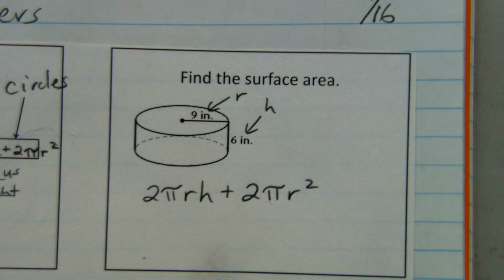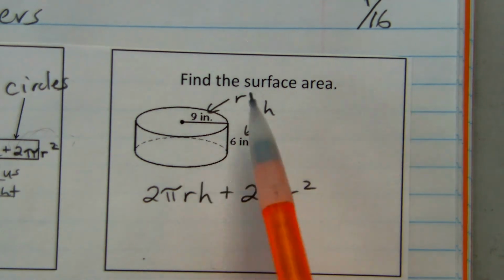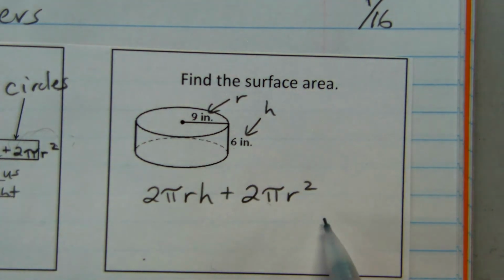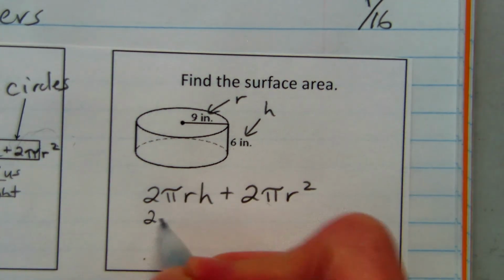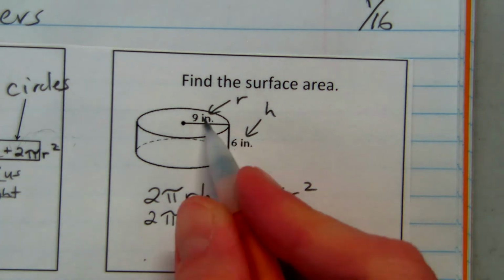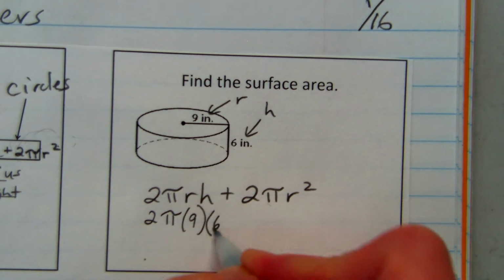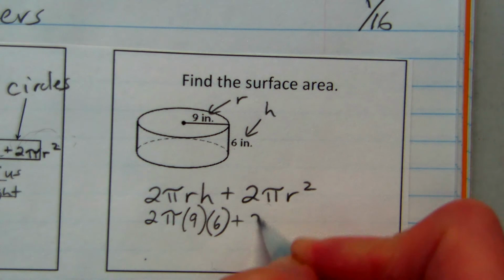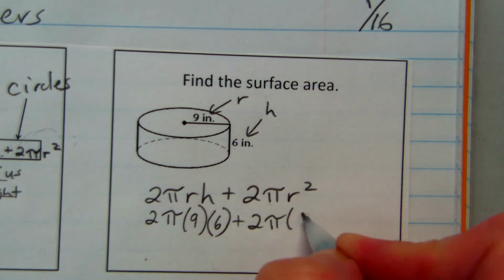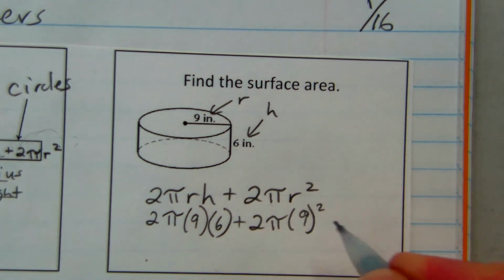And then you'd literally just take the 9 for radius and the 6 for height and put them in. So I'm going to have 2 times pi times 9 times the height, which would be 6, and then 2 times pi times 9 squared.